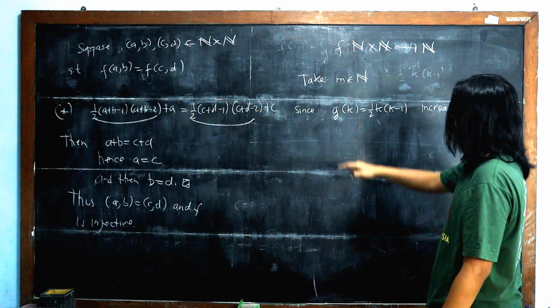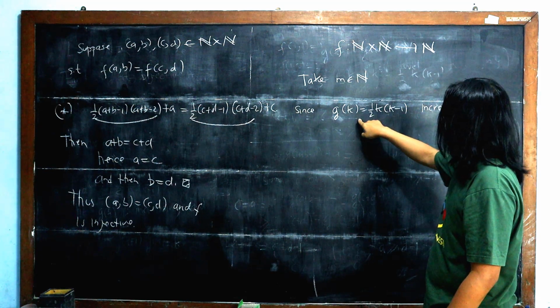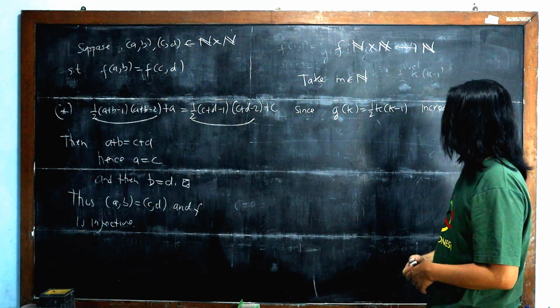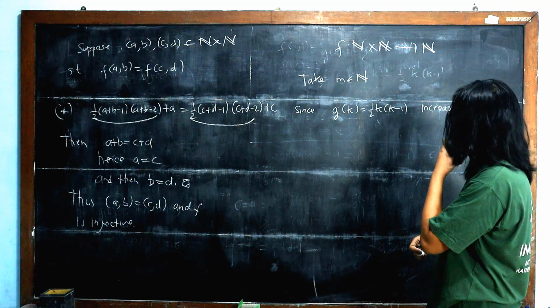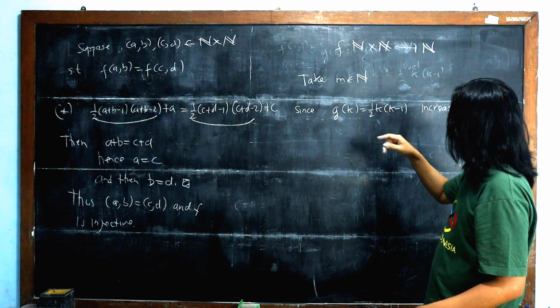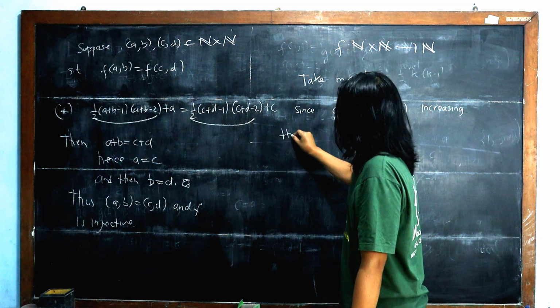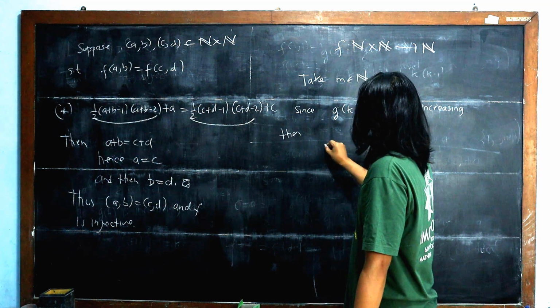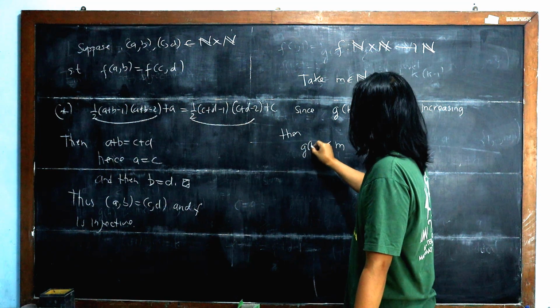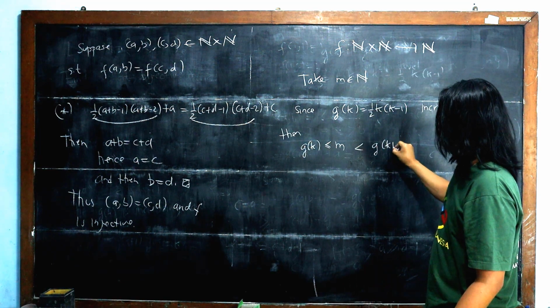And G is taking values starting from 0. So we claim that there exists k, since G is increasing, such that m will be between g of k and g of k plus 1.